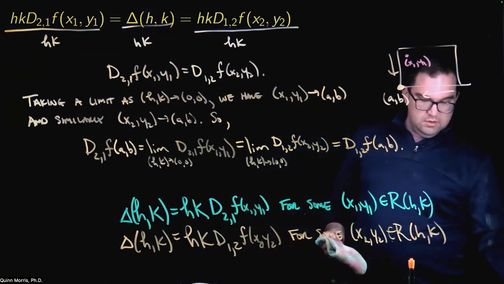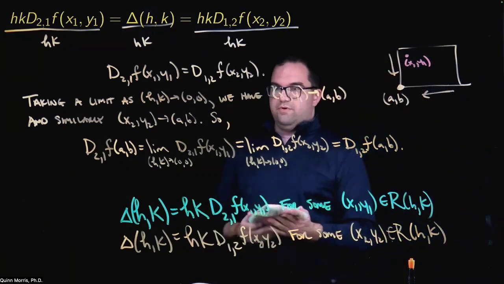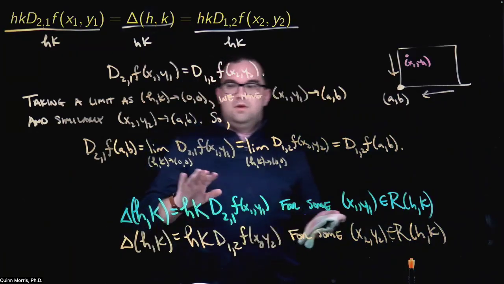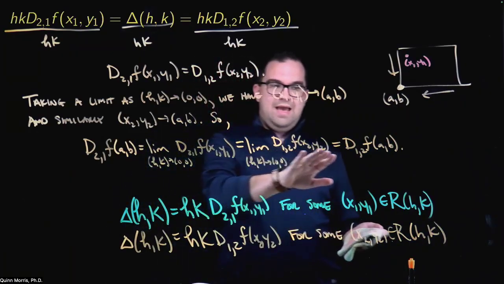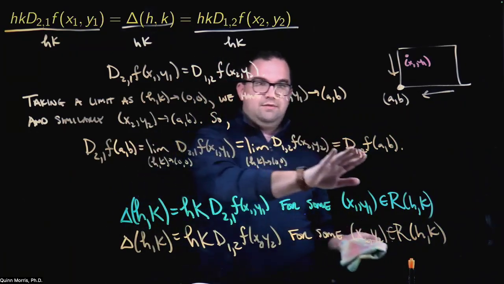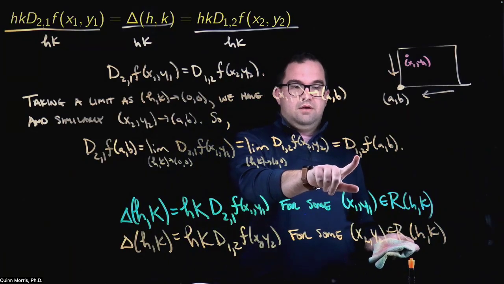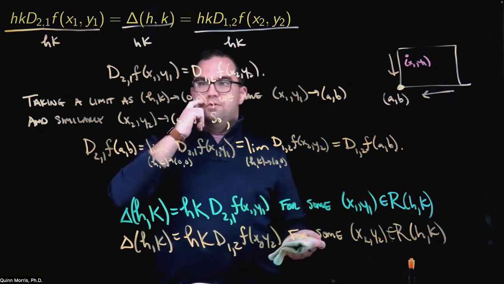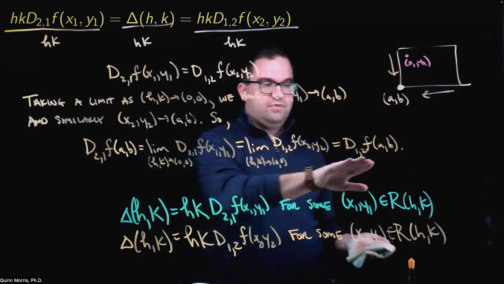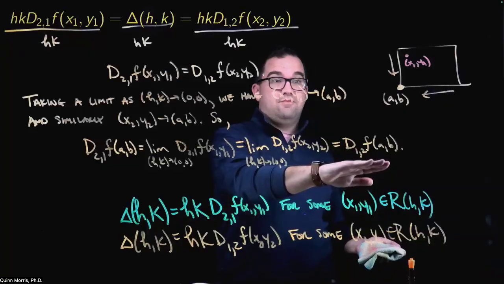Now, we'll sketch out the proof of the slightly stronger version, but I'll just point out that I've pretty heavily used continuity here, certainly at least the continuity of D12. I use the continuity of both of them. But if I'm going to get rid of continuity here, I'm going to have a problem.